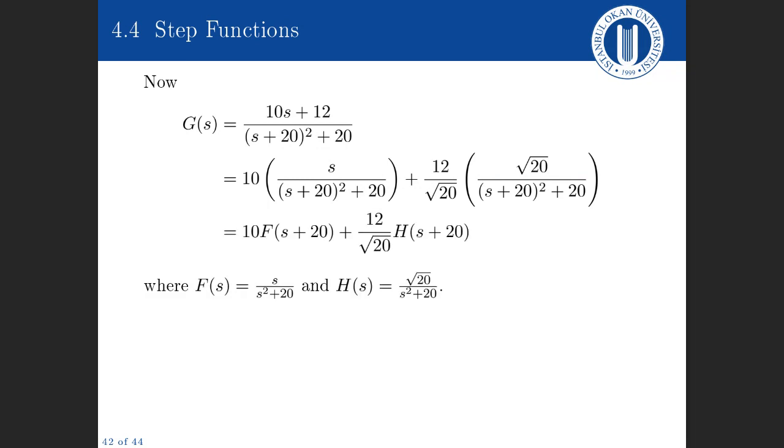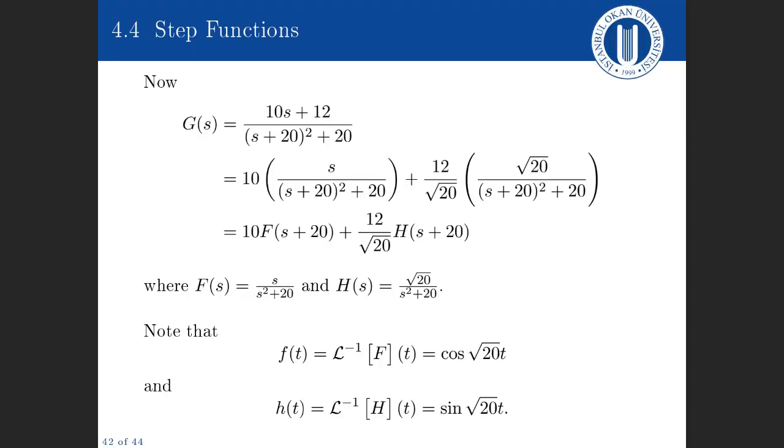We have 10 multiplied by capital F at s plus 20, plus 12 over root 20 capital H at s plus 20, where capital F is s over s squared plus 20 and capital H is root 20 over s squared plus 20. We know the inverse Laplace transforms of F and H. The inverse Laplace transform of capital F is just cos root 20t, and the inverse Laplace transform of capital H is sine root 20t.